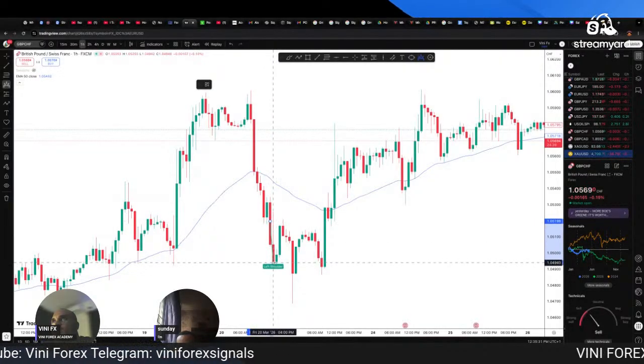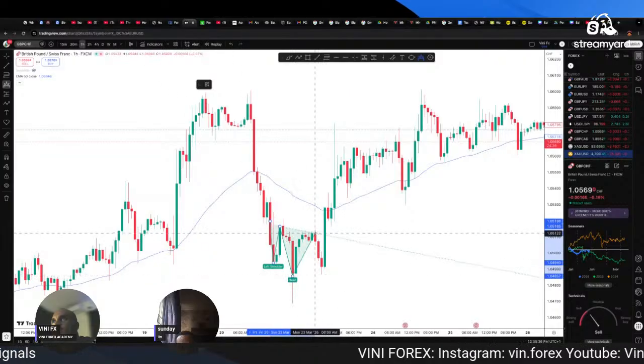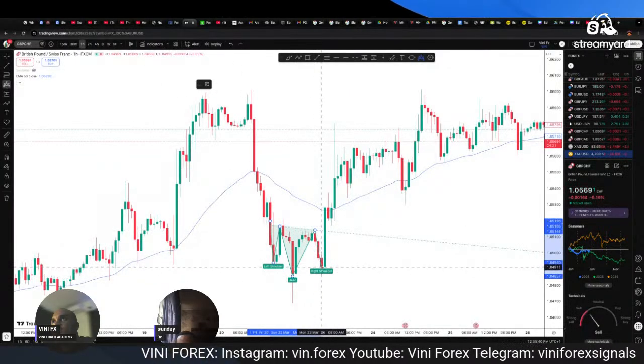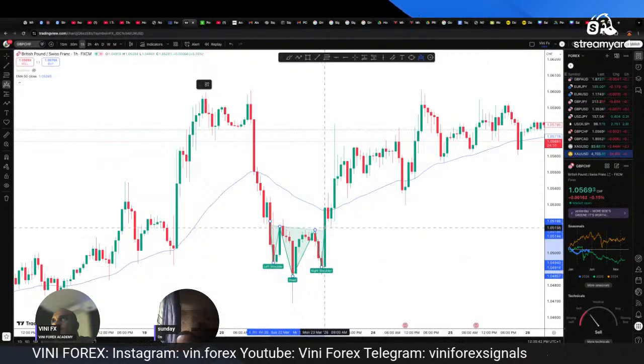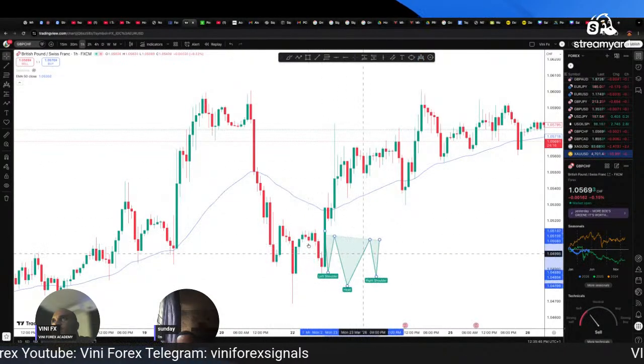This is the left shoulder. This is the head. Right shoulder here. And then price pushed up.